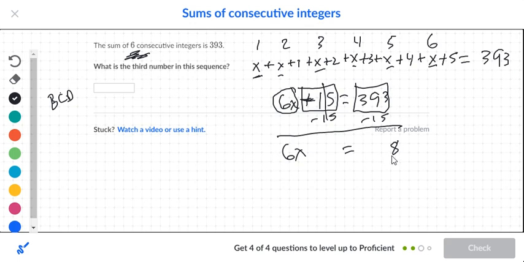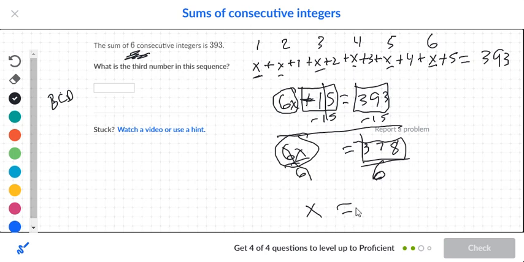So 8 minus 1 is 7. So this becomes 378. Now when I check this, I'll circle my letter, box my number, divide both sides by 6. Cross this out, that gives me x.